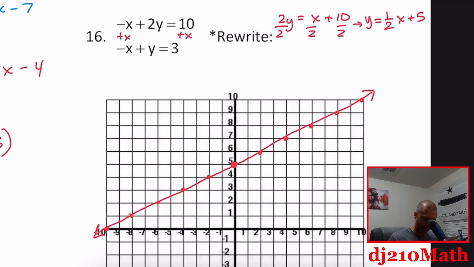All right, the other line. This is nice. So y is equal, I'm going to rewrite it, x plus 3. So it crosses the y-axis at 3, and it's on the 45-degree angle, right? Up 1 over 1. The slope is 1 over 1, which is 45 degrees.